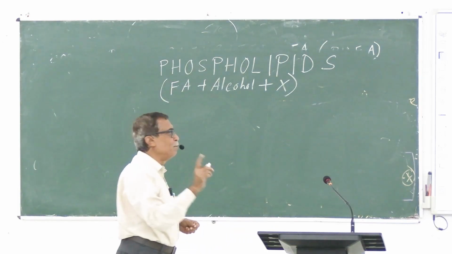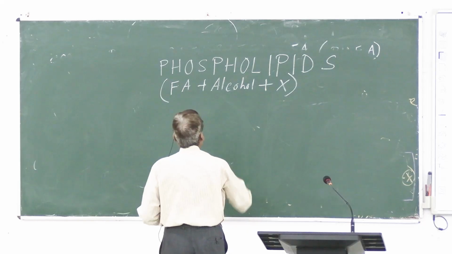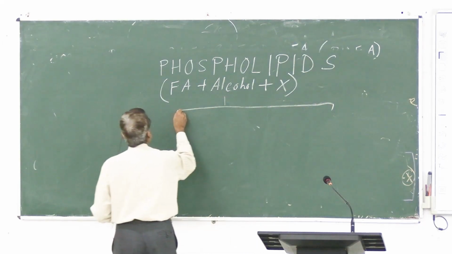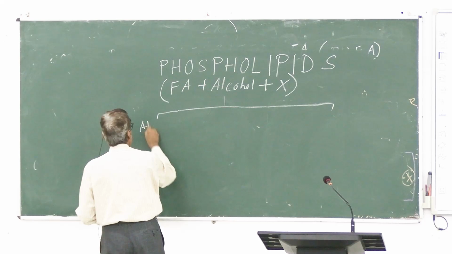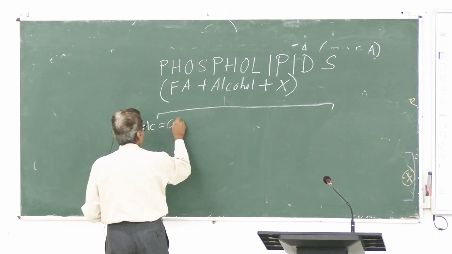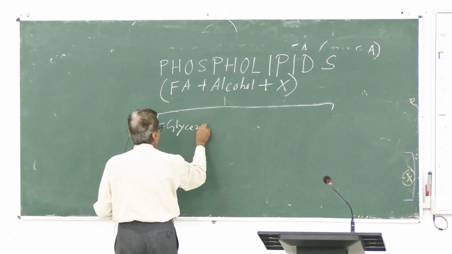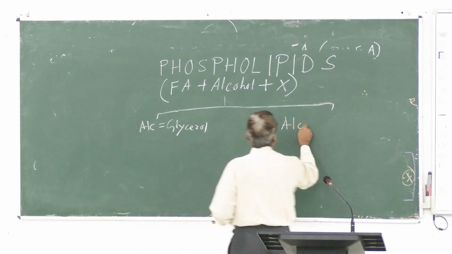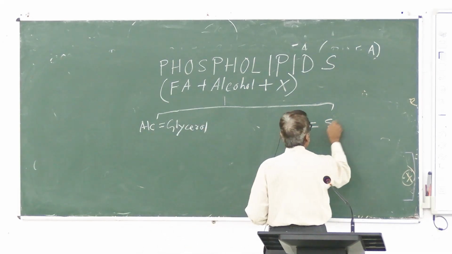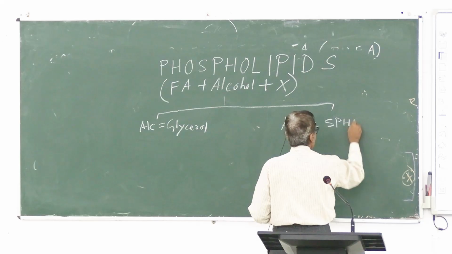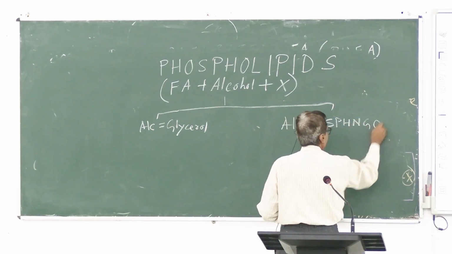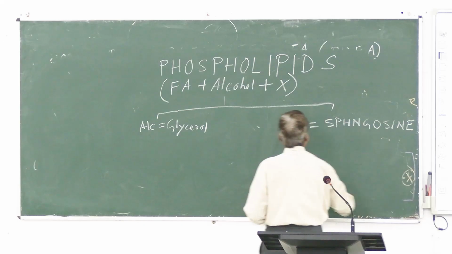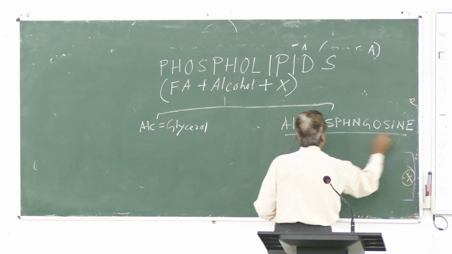Now regarding the type of alcohol: when the alcohol is glycerol, it is called glycerophospholipid. The alcohol may be other than glycerol, that is sphingosine.